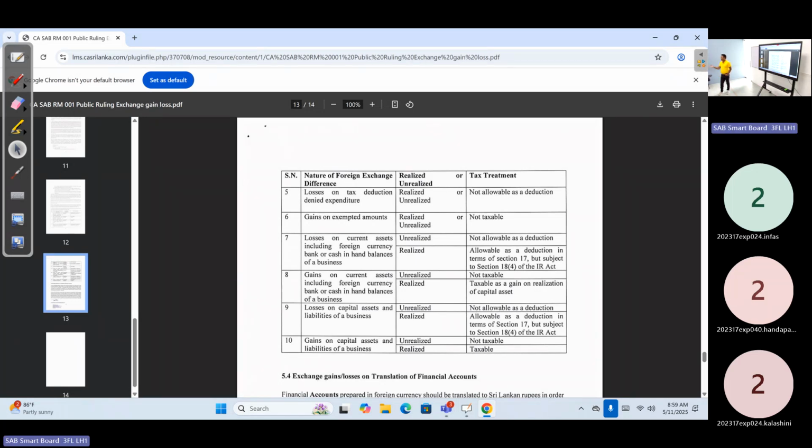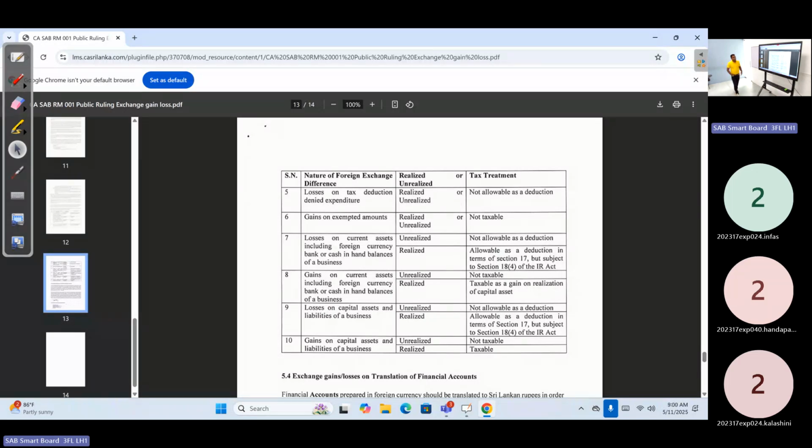Just translation, because that gain or loss is just because of the translation. So then we have to ignore that one. I mean, it is not either deductible or taxable. If it is a transaction, that means already realized. Then we should consider tax. It could be deductible or taxable.